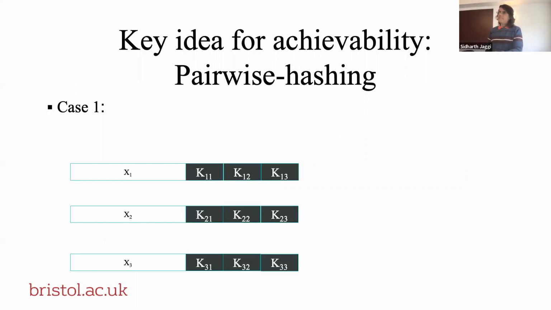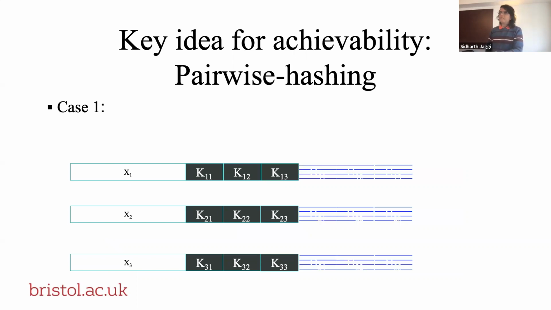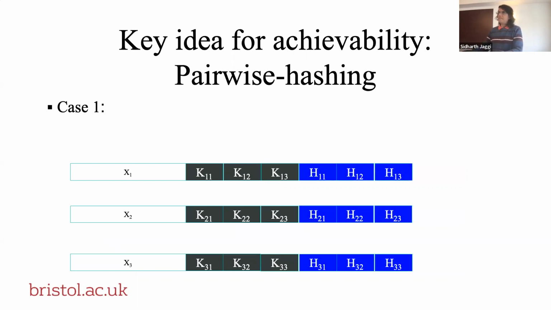But basically, if no corruption happens, then everything is fine. All the hashes are pairwise consistent. So Bob, on observing something like this, can say, okay, let me look at, for example, H12. I'll take a hash of X2 with K12 and see that it does indeed match H12.